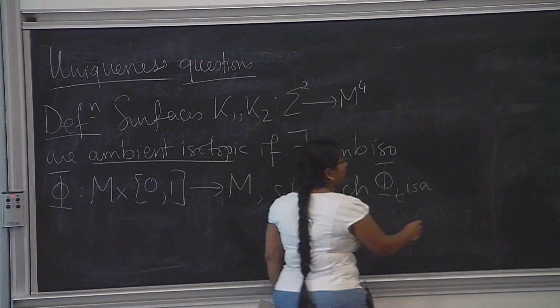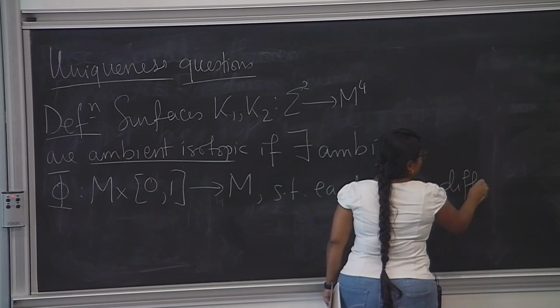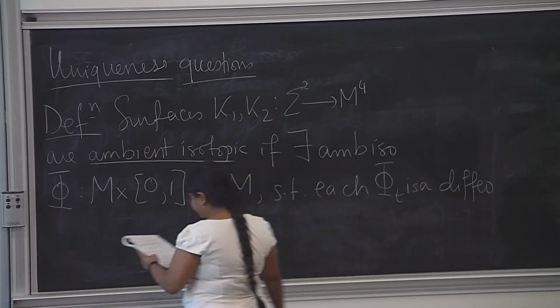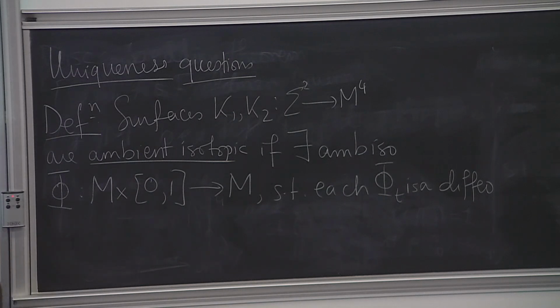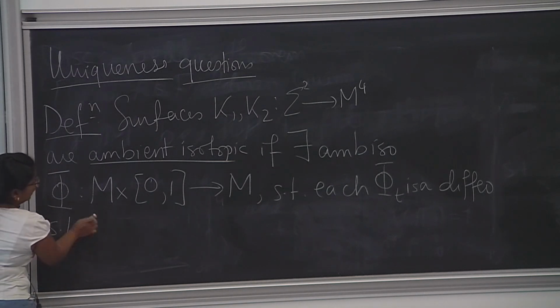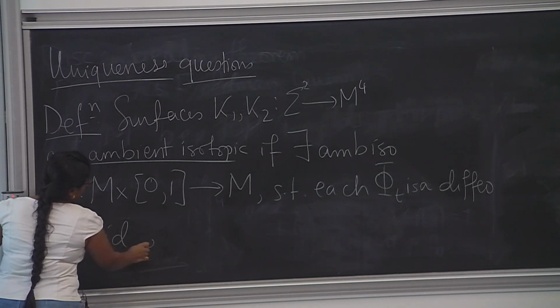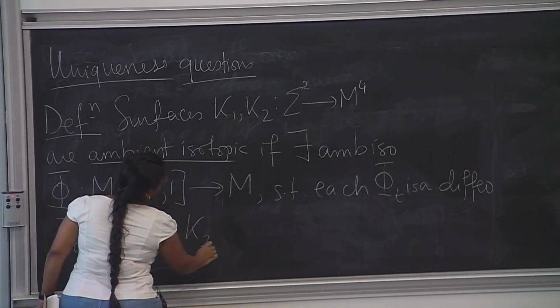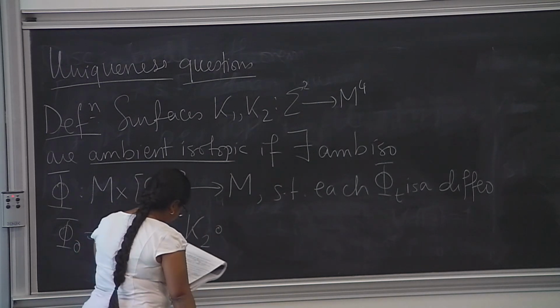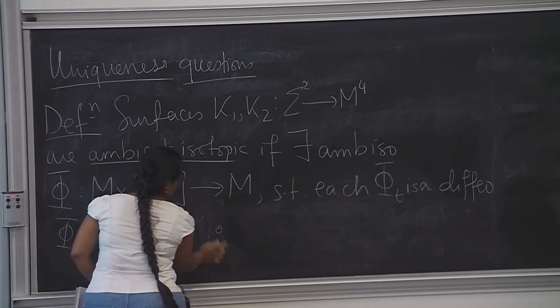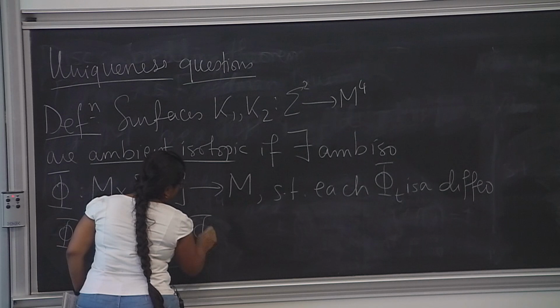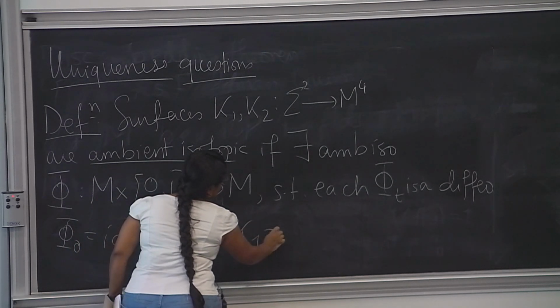I'm going to write down diffeo, but of course, there's a version with homeo, such that further, phi 0 is the identity, and phi 1 composed with K1 is equal to K2.